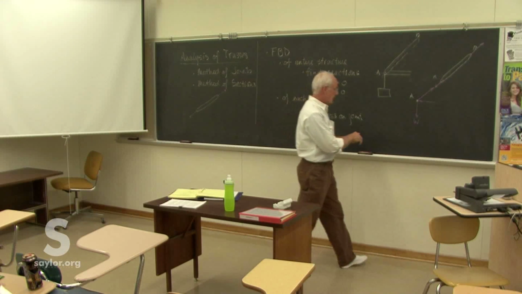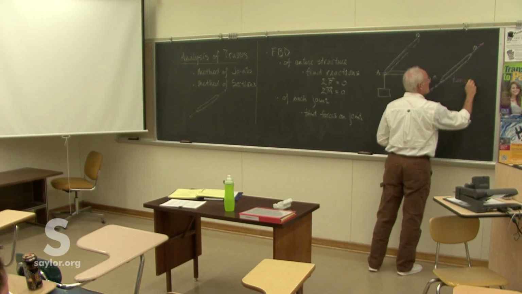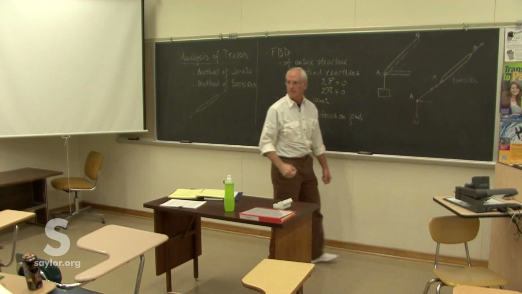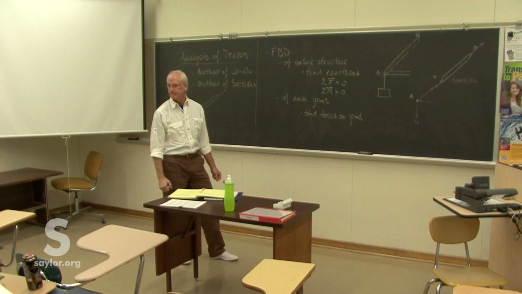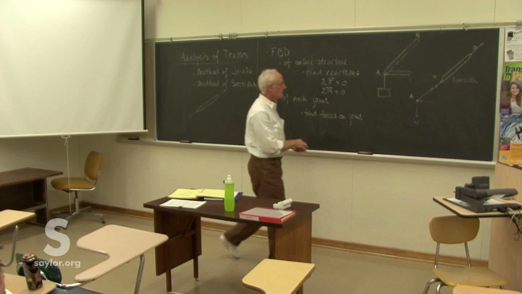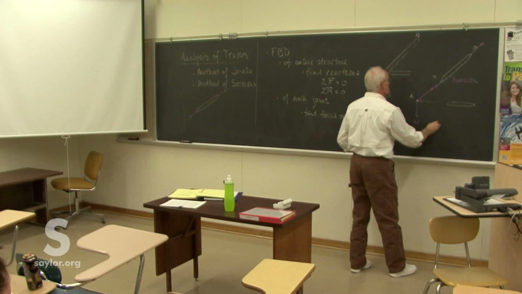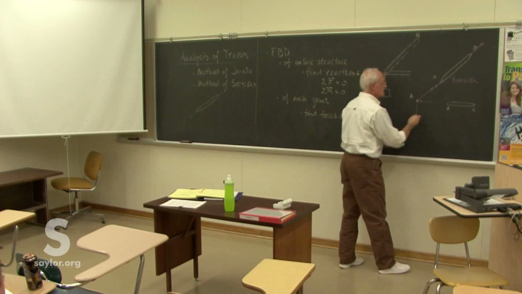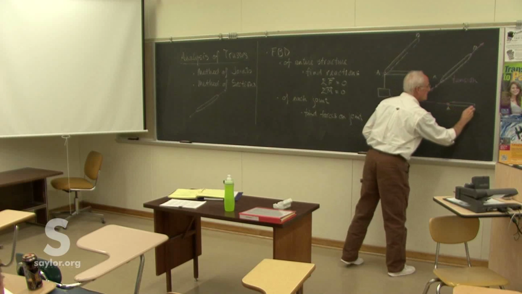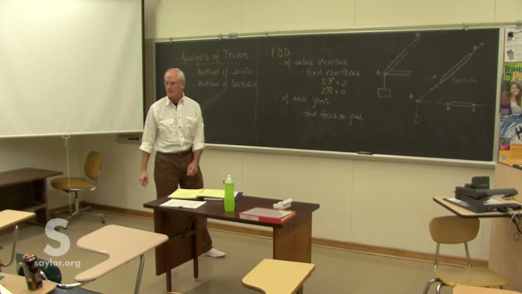And you can look at that and see that that then is in tension because it's being stretched. The other member, I think I call that AC, must have forces like that, and it's in compression.